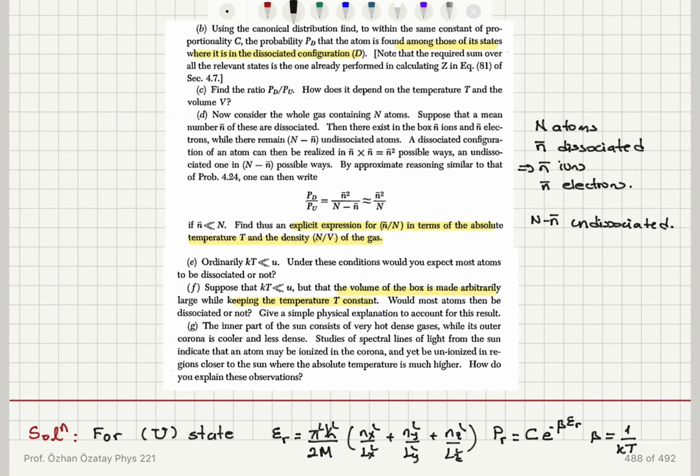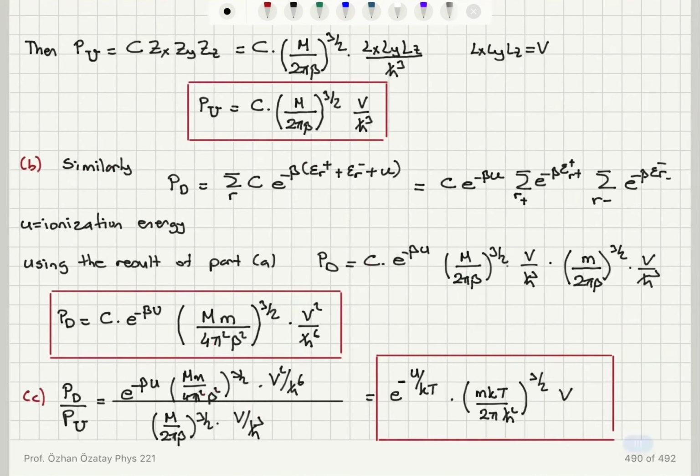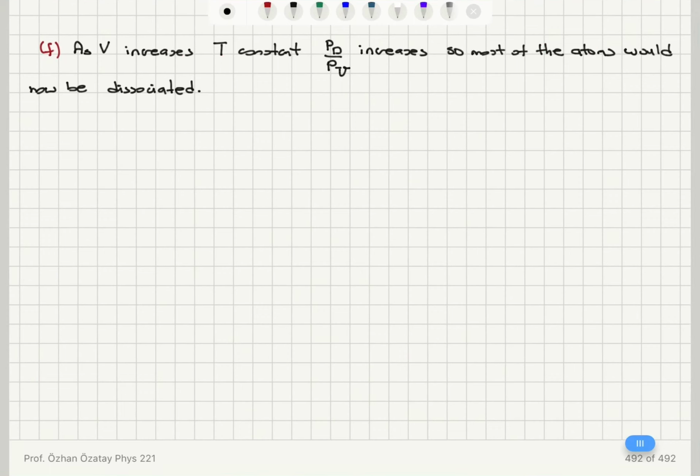And now part G. Inner part of the sun consists of very hot dense gases, while its outer corona is cooler and less dense. Studies of spectral lines of light from the sun indicate that an atom may be ionized in the corona and yet be unionized in regions closer to the sun where the absolute temperature is much higher. How do you explain these observations? So even though the temperature is higher, we may see undissociated atoms inside.